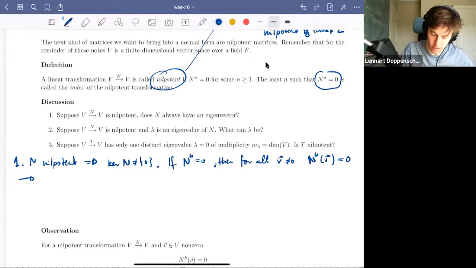And so this means that N applied to N to the n minus 1 of v is 0.